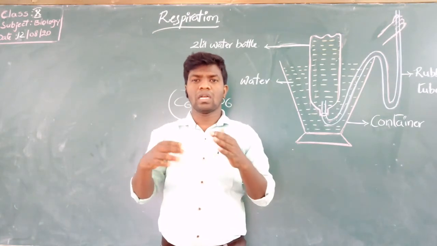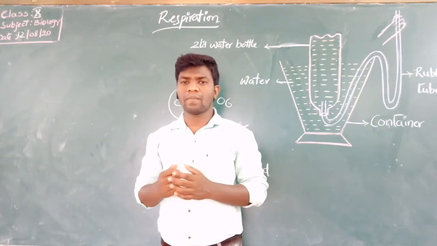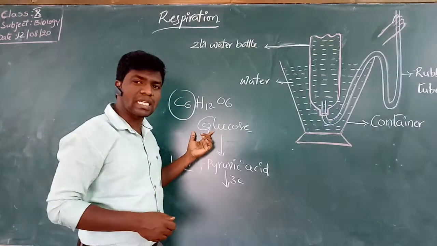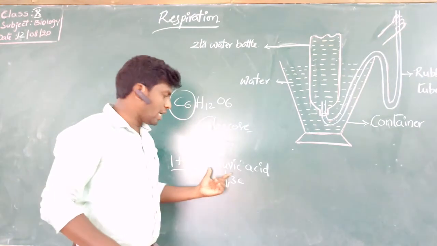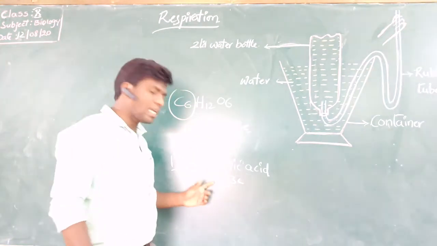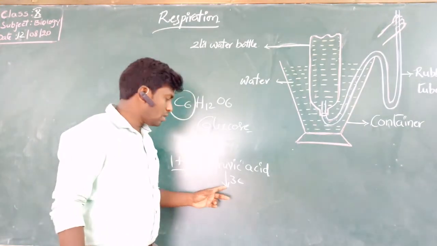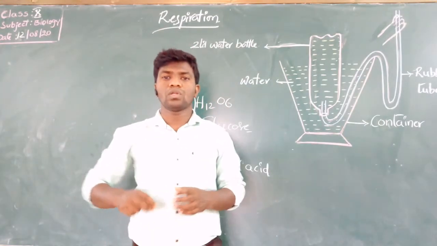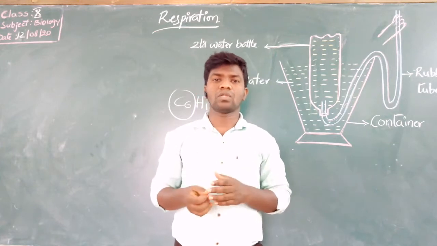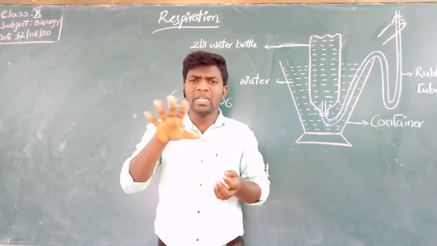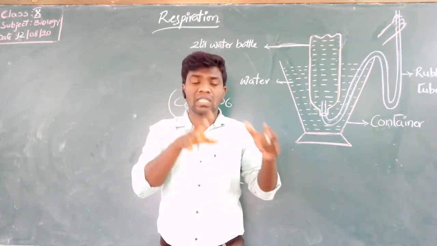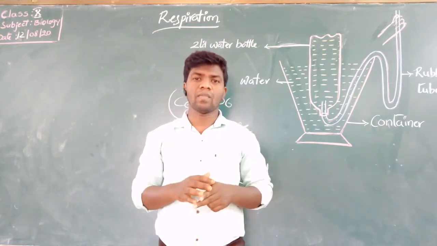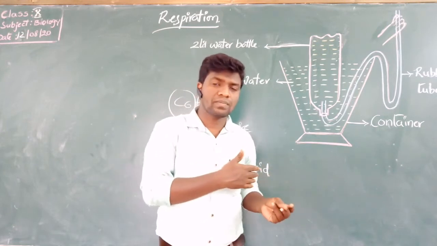This process does not require oxygen. Here the glucose is converted into 2 pyruvic acids, and each pyruvic acid contains 3 carbon atoms. There is no oxygen requirement for this process.